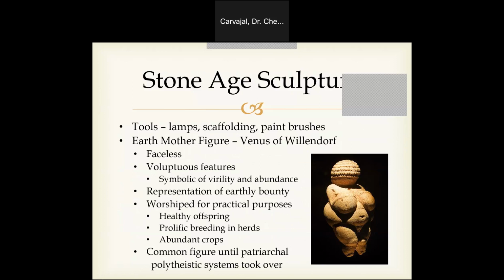Once we have the influx of more patriarchal systems, the polytheistic god systems like in Greek mythology, Roman mythology, and Egyptian mythology, actually, and Norse, there are a lot of different earlier mythologies too, ancient systems, the woman no longer has that kind of central role. Many of these systems are far more patriarchal, and so the women have a much more diminished role. And we think that's kind of why she disappeared.